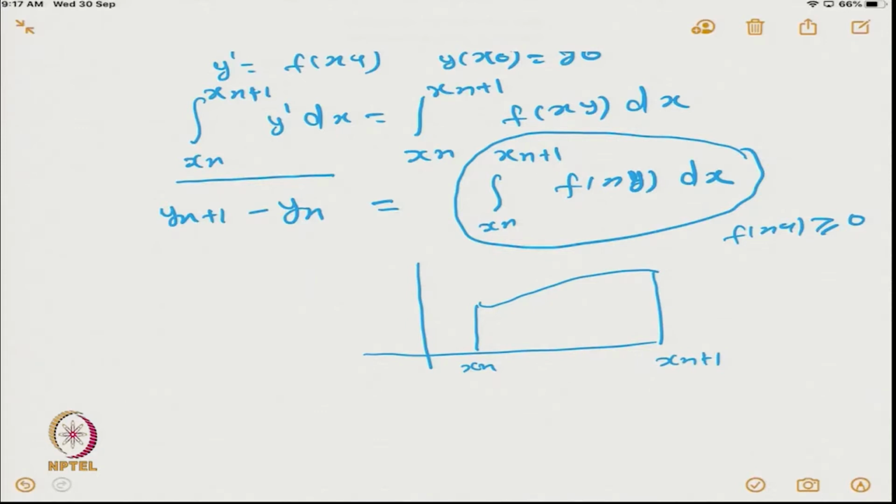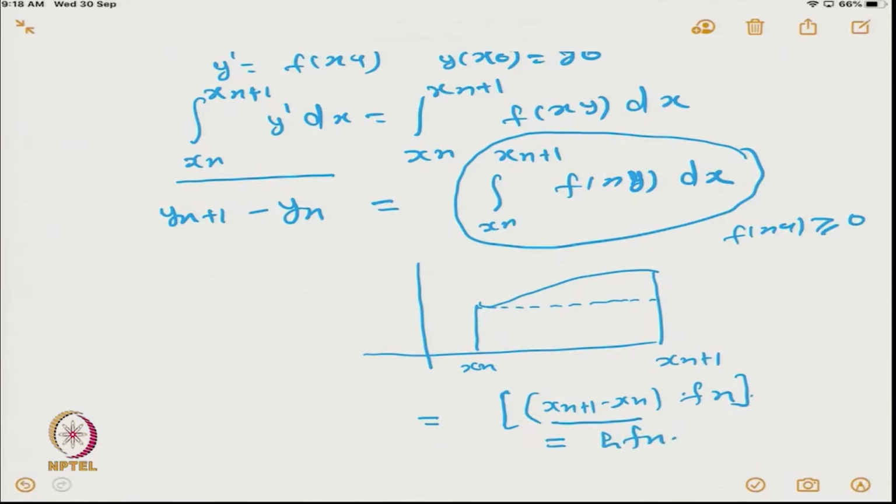If I choose the sample point at the left hand like this, then the approximation of this integration will be xn plus 1 minus xn times fn, which is basically h fn.